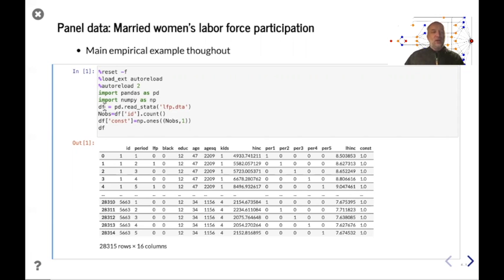Then I add a constant that was not there, and here I'm printing out a few lines from the data set. So what do we have here? The first column is the ID, the individual number, and it goes all the way down to 5,663.